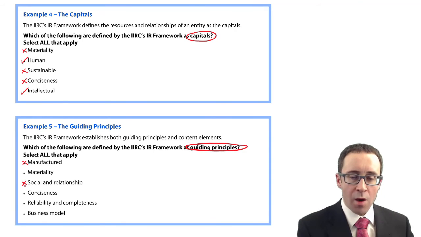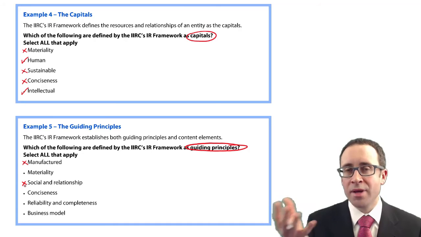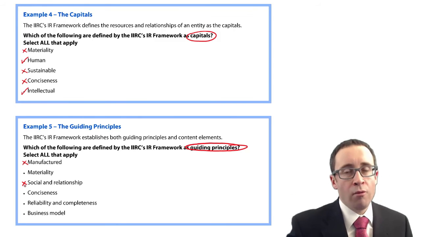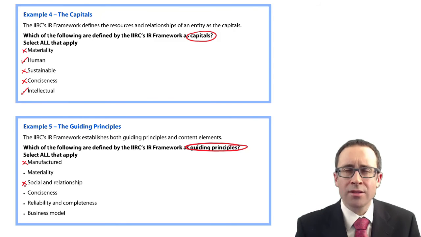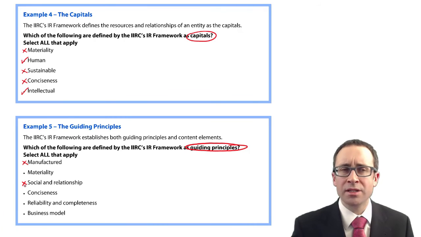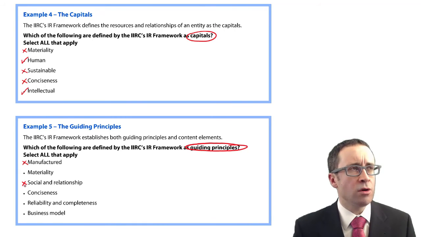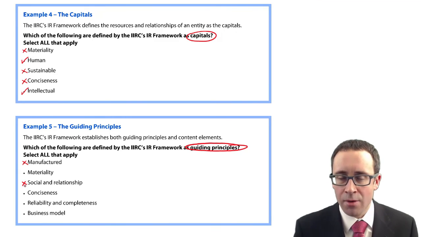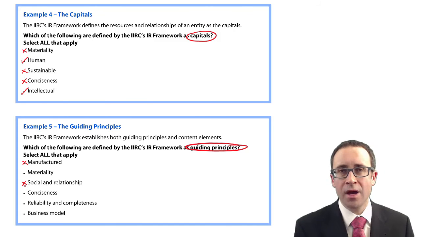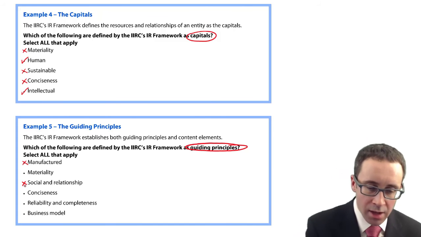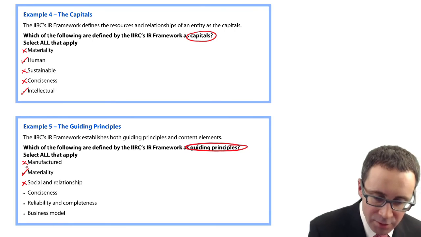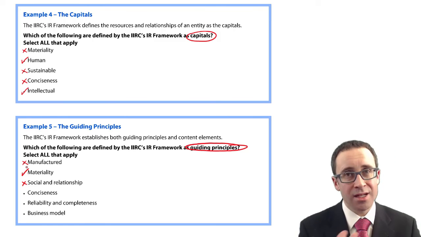Well, the principles are the ideas behind our report, aren't they? So materiality, yes, that's a guiding principle, because we want to make sure that we only talk about material items. Material capitals, if you like. Concise, that's a guiding principle.